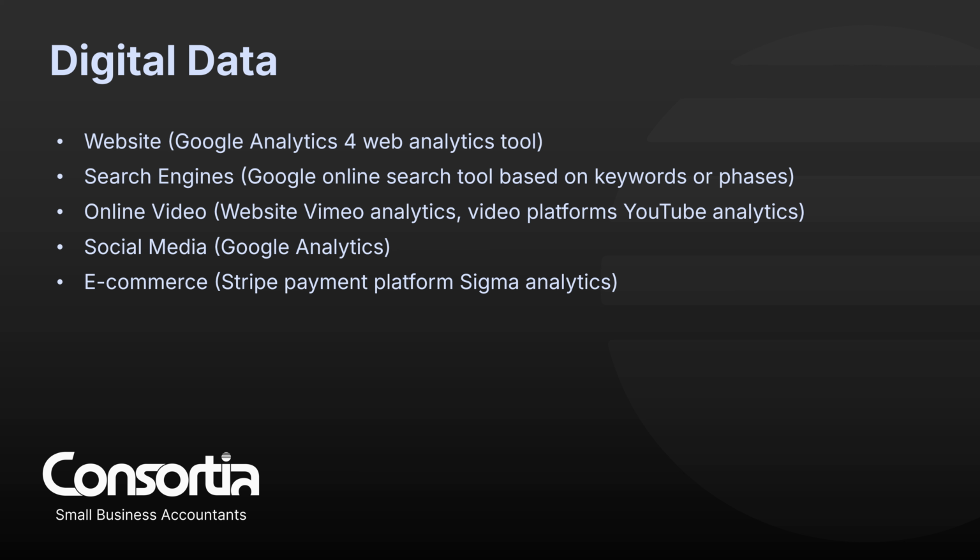Other data: search engines, Google online search tool based on keywords or phrases. Online video: we use Vimeo to host our website videos, but we also use YouTube analytics to analyze our platform, that is our channel. Social media, we would use Google Analytics.